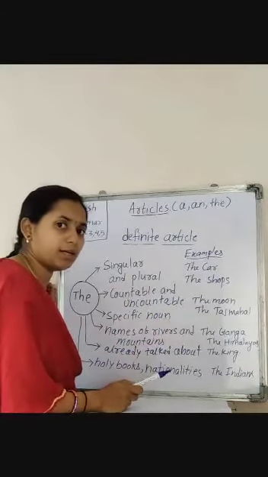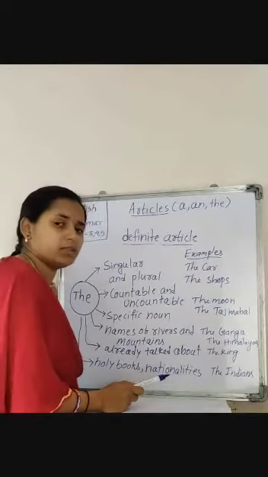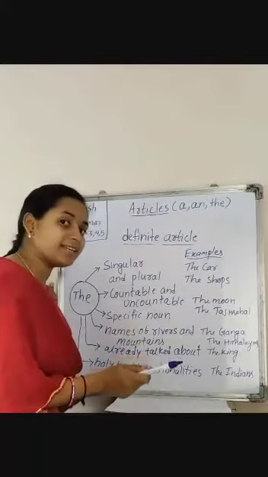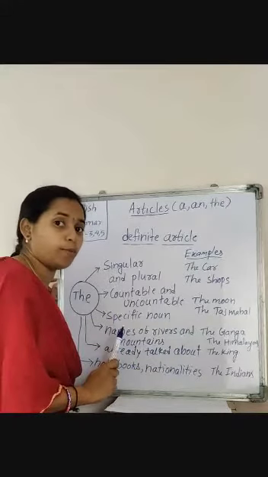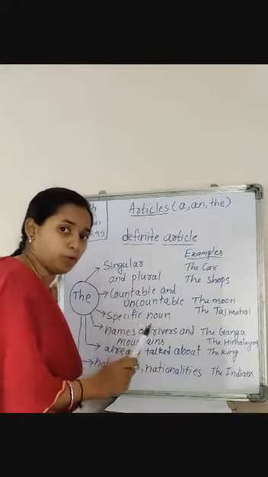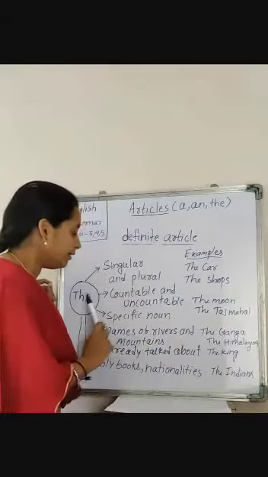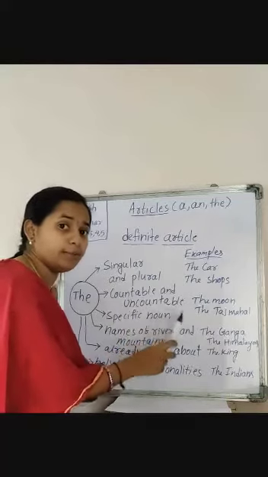Can you say the car? Yes, we can say. And the cars? Yes. The shop, and the shops, right? The cat, and the cats also we can say. So 'the' can be used for both singular and plural. Clear? Now moving to the next rule: 'the' can be used for countable and uncountable nouns.